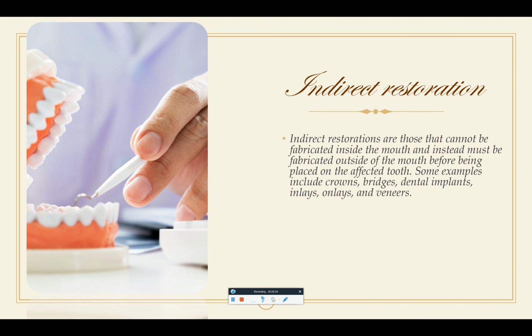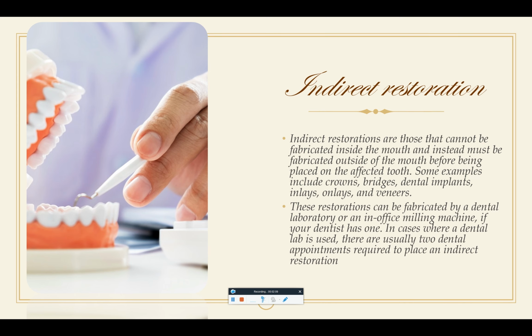Here are some examples of indirect restoration: crown, bridge, inlay, onlay, and also implant. There are a lot of types of it, but today I'm gonna talk about most of those. However, it takes 2 dental appointments to place an indirect restoration, and some will take more.